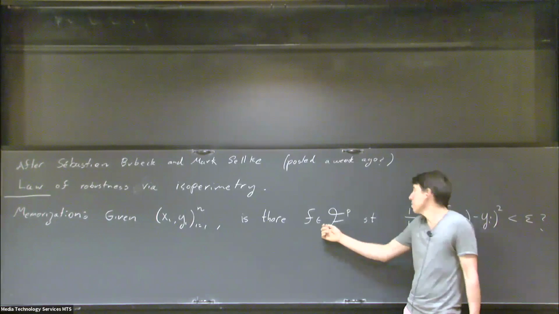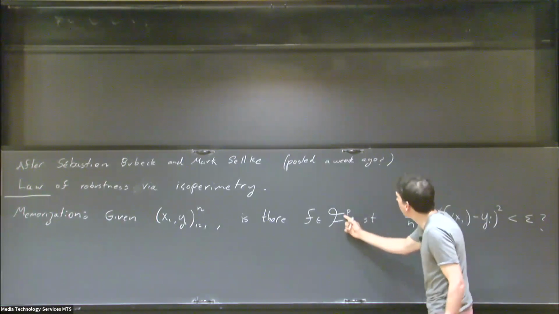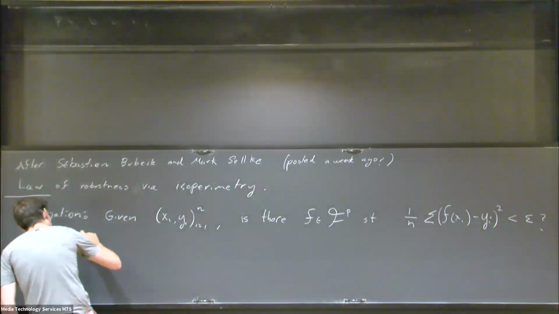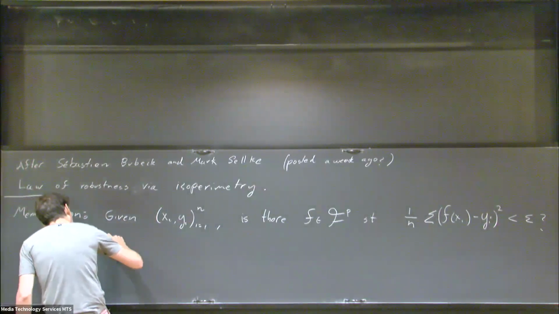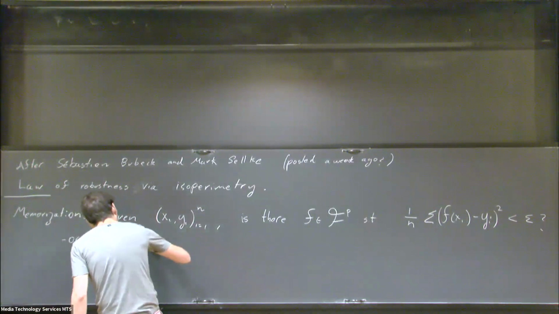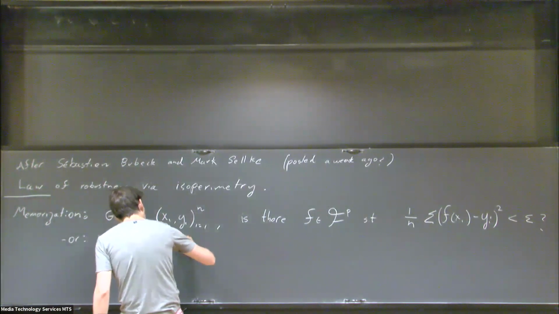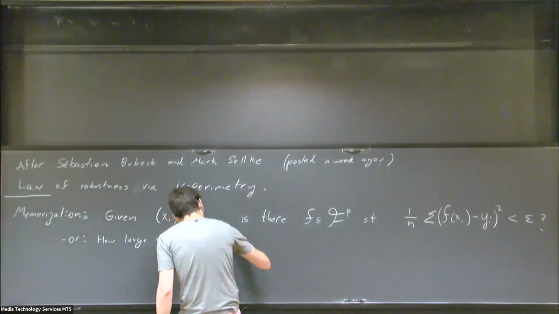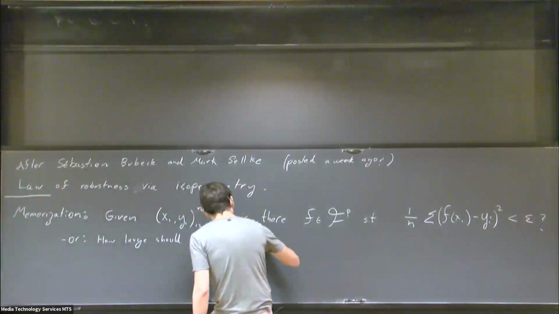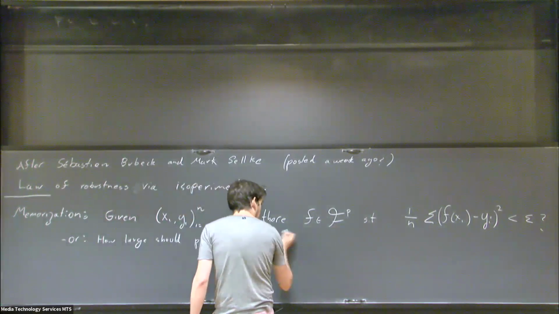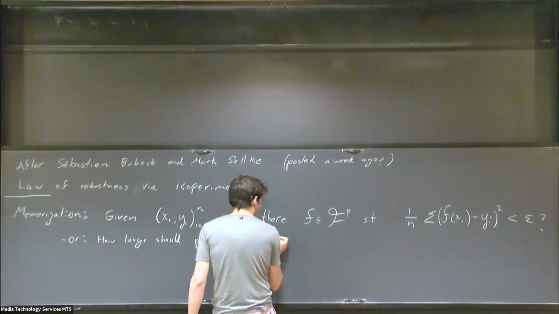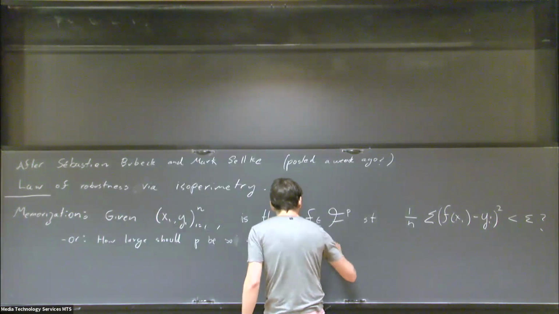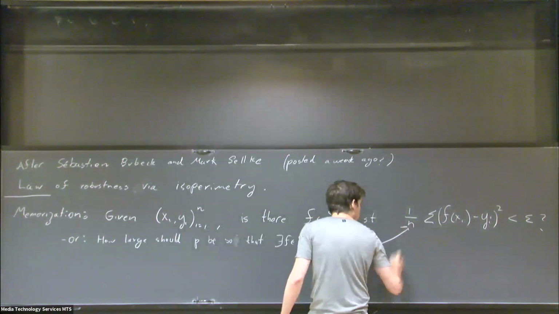And then we can ask, how large should P be so that there exists f such that this holds?